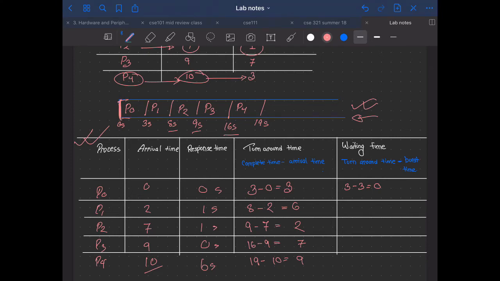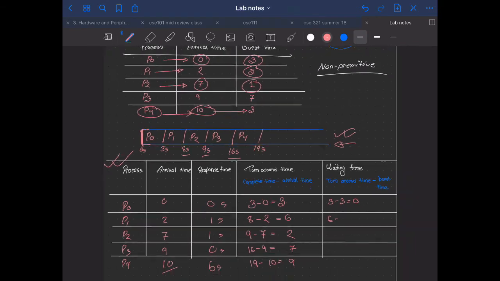The turnaround time of P1 was 6 and the burst time was 5, so the waiting time was 1 second, which we can see because P1 came in at second 2, however it had to wait for 1 second for P0 to complete. For P2, the turnaround time is 2 and the burst time is 1, so it had to wait for 1 second.